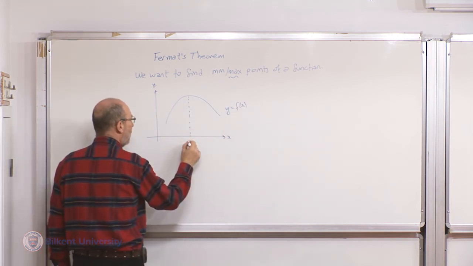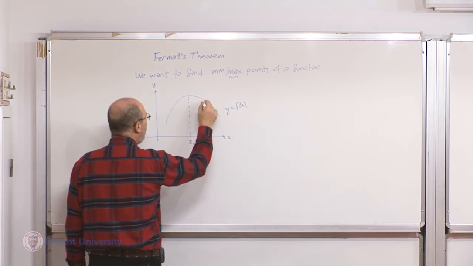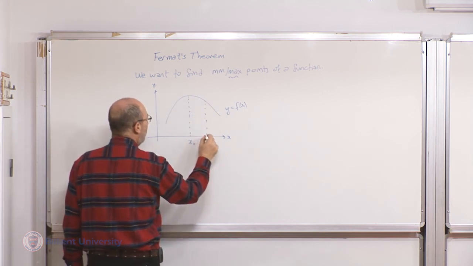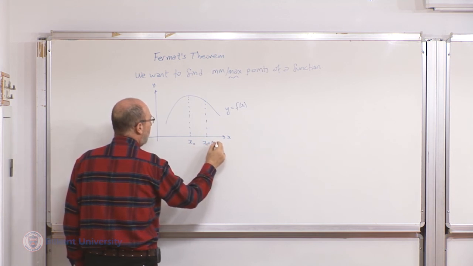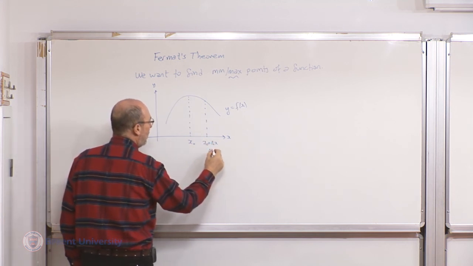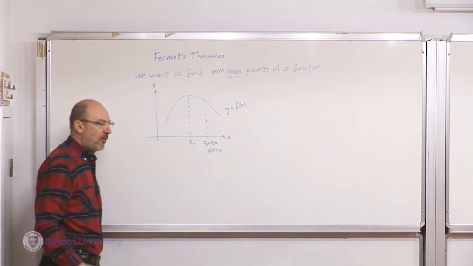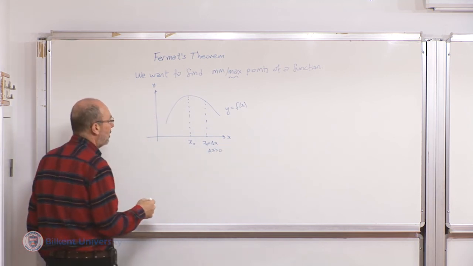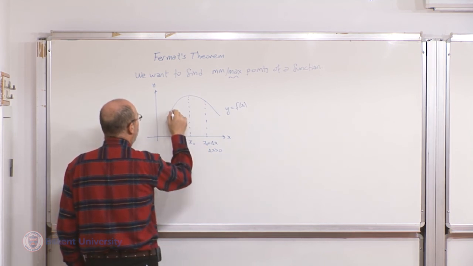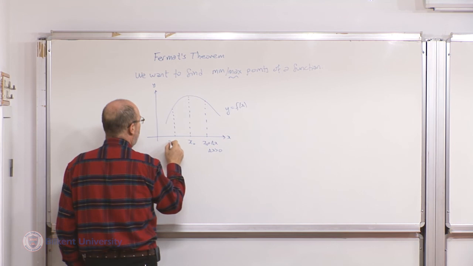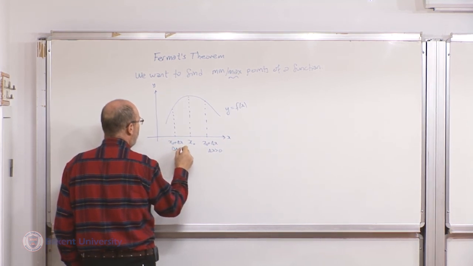So here is the point x sub 0. Then I push x sub 0 a little bit, x sub 0 plus delta x in the figure. So this is delta x positive. If delta x is negative, I again write x sub 0 plus delta x, but here delta x is negative.